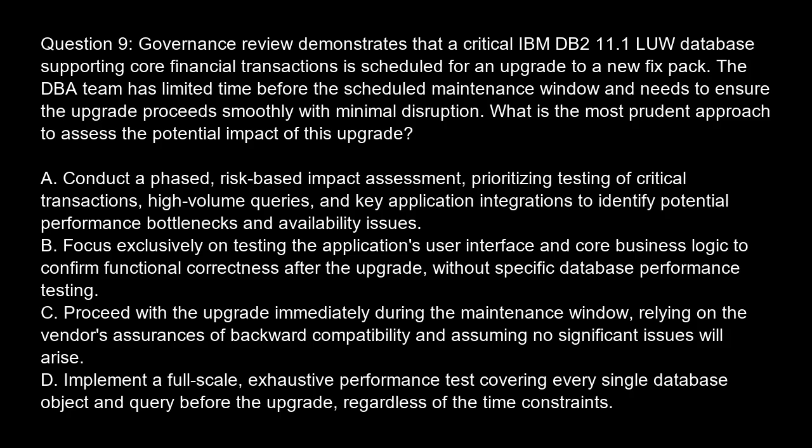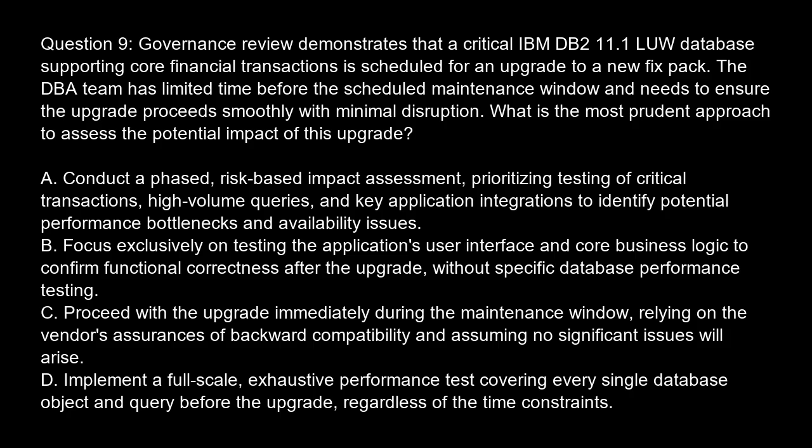Option A. Conduct a phased, risk-based impact assessment, prioritizing testing of critical transactions, high-volume queries, and key application integrations to identify potential performance bottlenecks and availability issues. Option B. Focus exclusively on testing the application's user interface and core business logic to confirm functional correctness after the upgrade, without specific database performance testing.